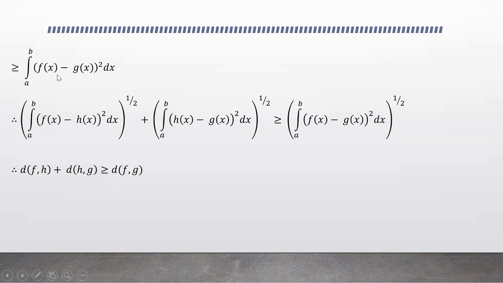Now h of x gets cancelled. We get the integration of (f of x minus g of x) bracket square dx, x running from a to b.